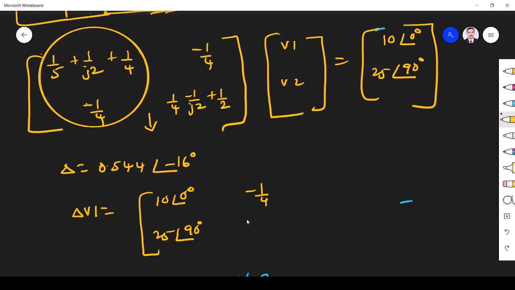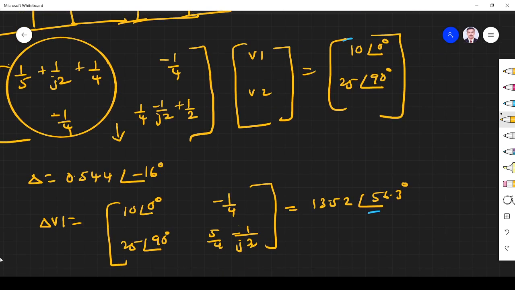The second column is minus 1 by 4 and 5 by 4 minus 1 by j2, that is, 1 by 2 plus 1 by 4 minus 1 by j2. This is del V1. If you simplify it, you get 13.52∠56.3 degree.